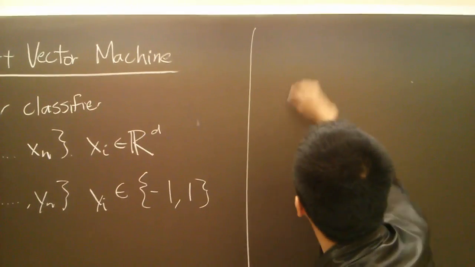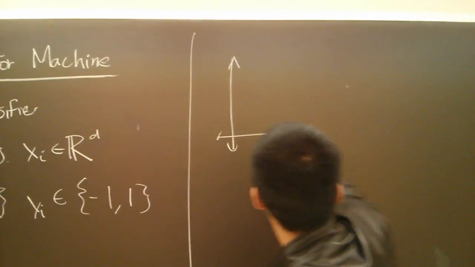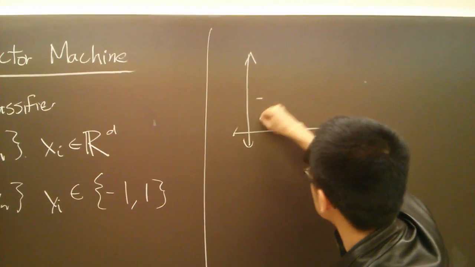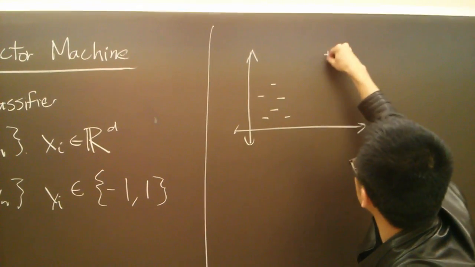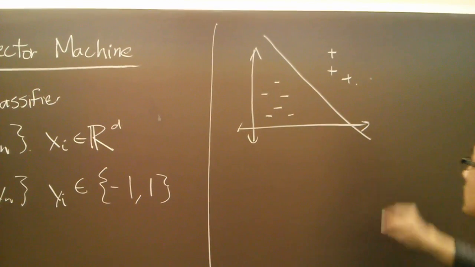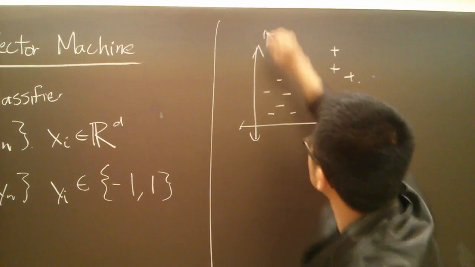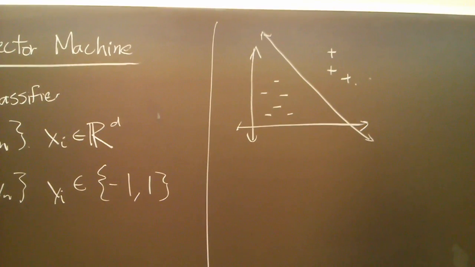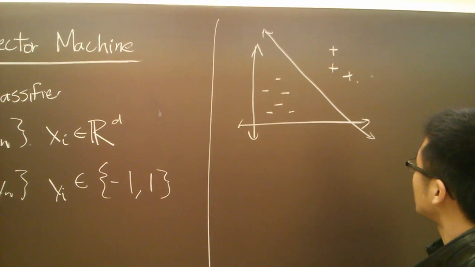So visually, if we have some data, let's say that these are the negative examples and these are the positive examples, then the support vector machine will learn some kind of line like this, okay? This is in 2 dimensions. In multiple dimensions, this would be a hyperplane.